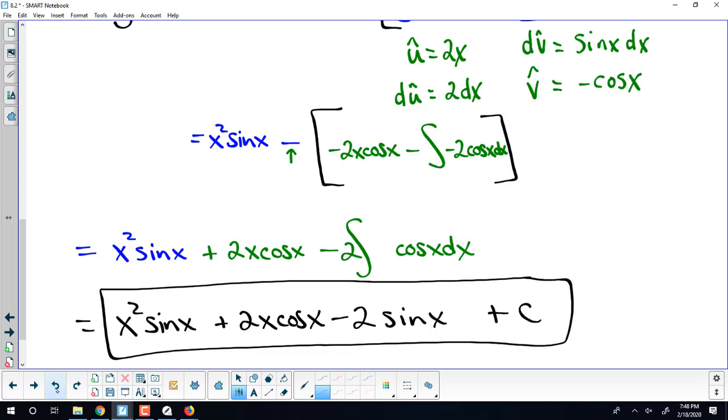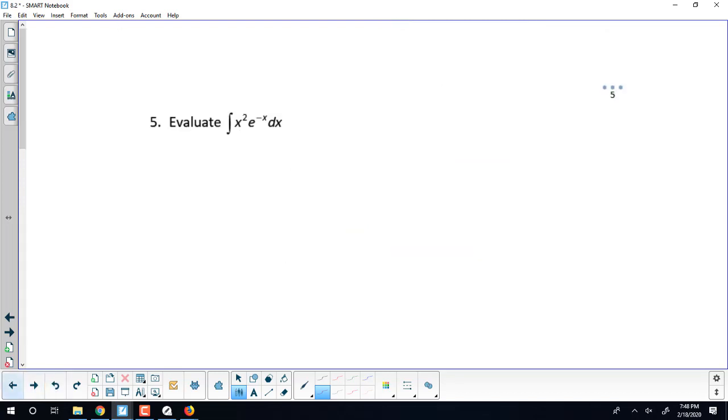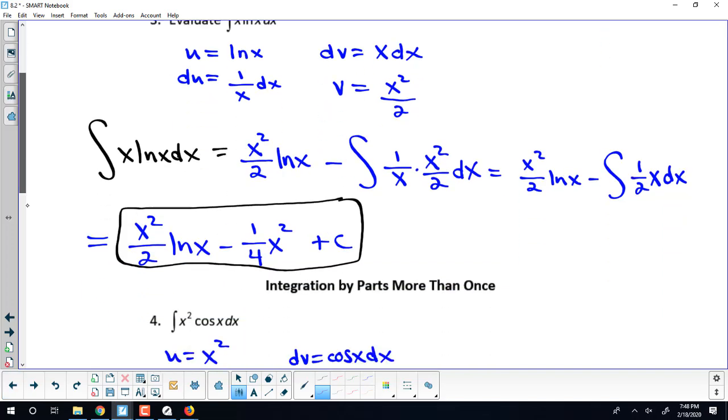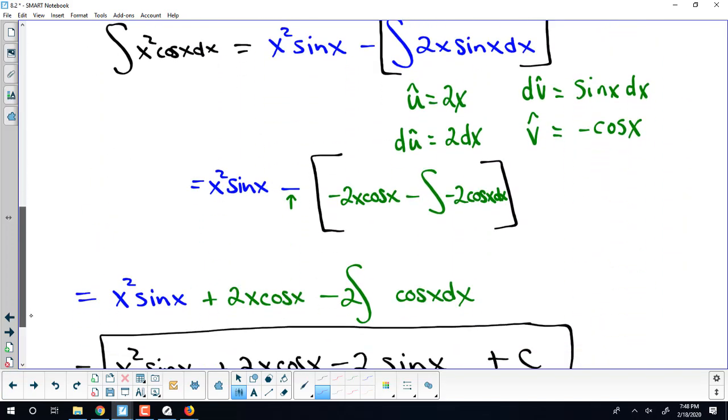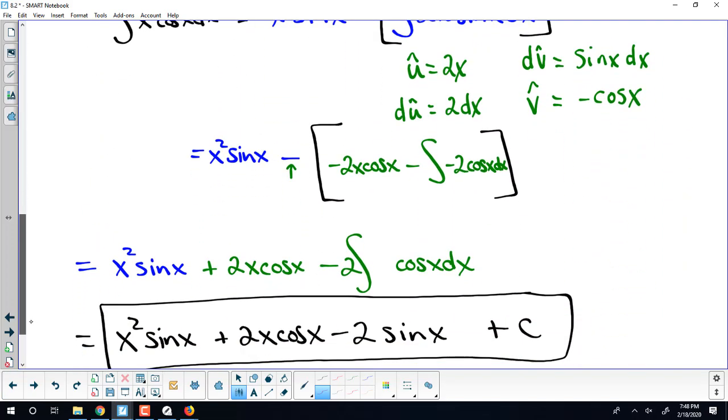Any other questions about that? So you could imagine, if that were x to the fourth, that would be a pain. You would have to do integration by parts 4 times. There's a thing called tabular integration that really expedites the process of using integration by parts more than once.